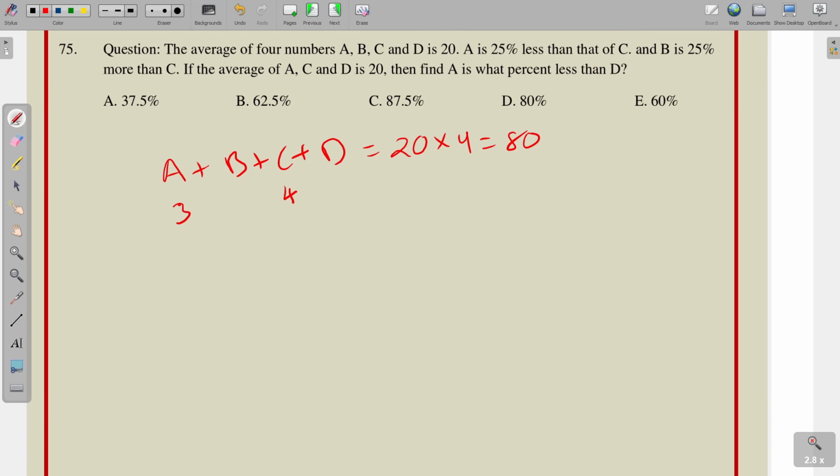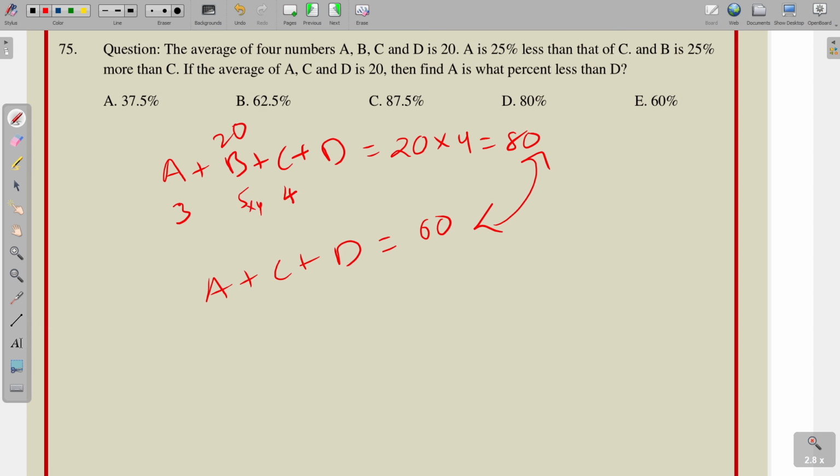If c is 100, b is 125, 25 four times, 25 five times. And they gave the average of a plus c plus d as 20, which means the sum is 60. After subtraction of these two, the b value equals 20. It is 80, it is 60. A cancels, c cancels, d cancels, only b is 20. But according to the conditions, b is 5.